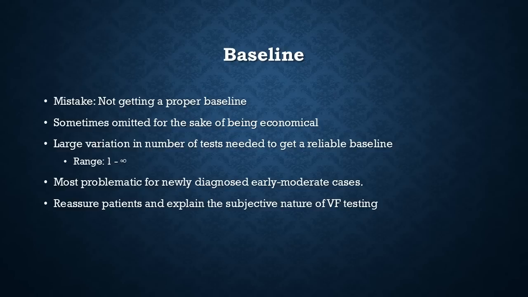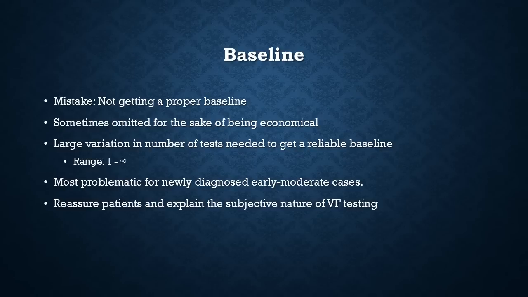Another problem is not getting a proper baseline, which sometimes happens because we are trying to be economical, especially in settings where patients have to shell out for their own tests. The number of tests we need to get a reliable baseline can vary from 1 to infinity. Infinity are those patients who will never ever be able to produce a reliable field.